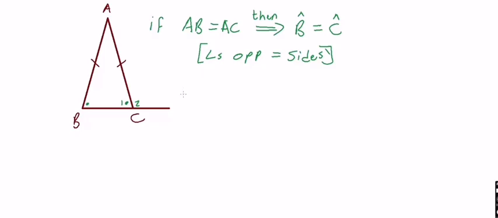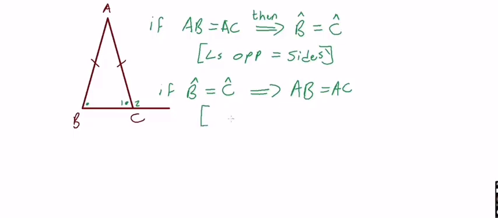That is, if we started off with equal sides and deduced that therefore the angles are equal. But if we start with equal angles, so if we start here, B is equal to C, this is the converse of this, then AB will also be equal to AC, because the opposite angles are already equal, therefore the sides are also equal.